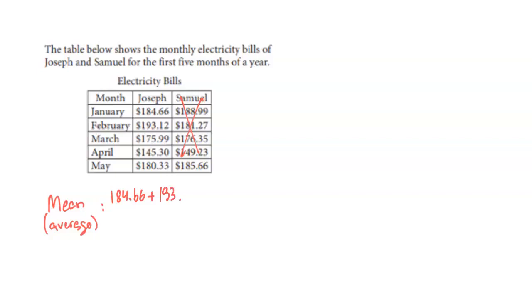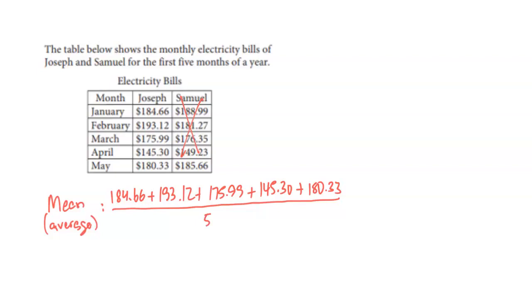February would be $193.12. March, $175.99, plus $145.30 for April, and in May, $180.33. And then we're going to divide by the total number of months, which in this case would be 5.